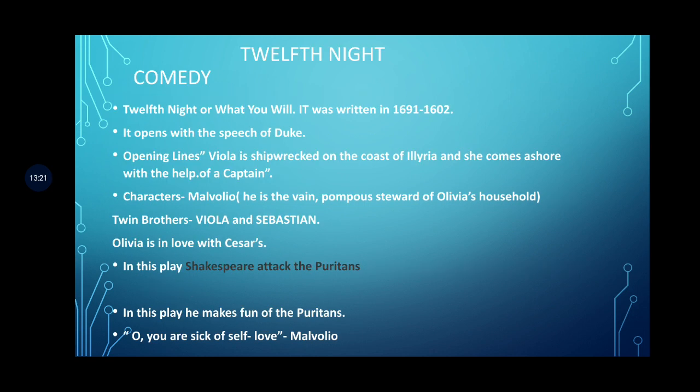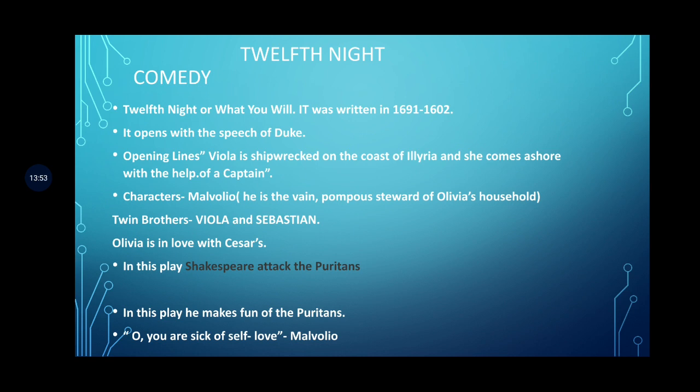Twelfth Night. It is a comedy which is also known as What You Will, that is the subtitle of Twelfth Night. It is written in 1601 to 1602. It opens with the speech of Duke. Viola is shipwrecked on the coast of Illyria, and she comes ashore with the help of a captain.